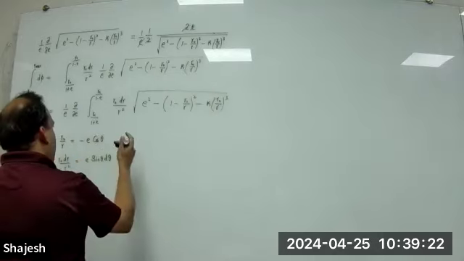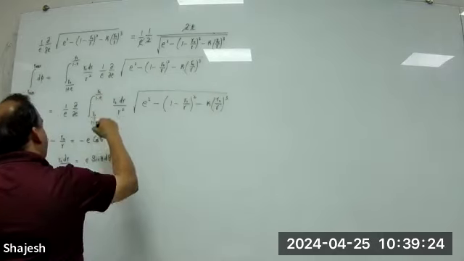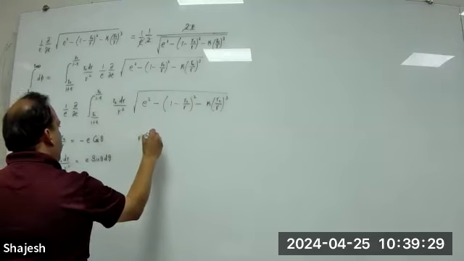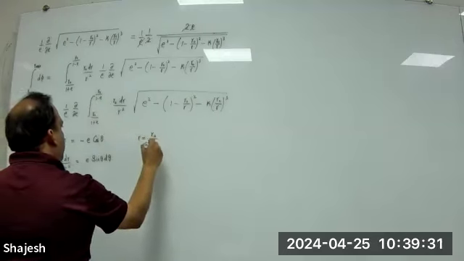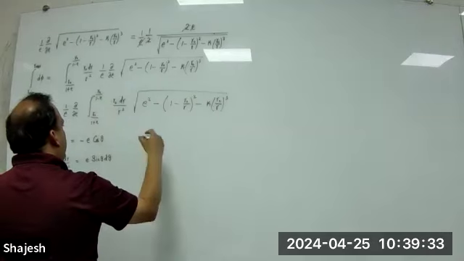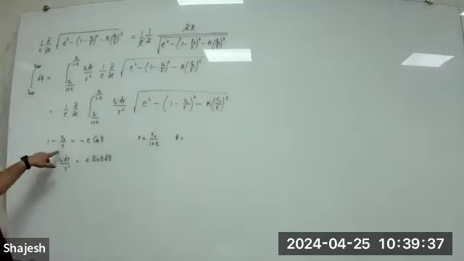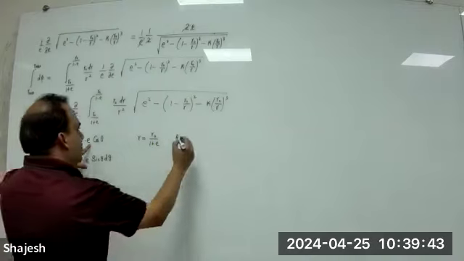And you have to worry about the limits also, right? So the limit is when R is equal to R naught over 1 plus E, then what happens to theta? The 1 cancels out, the minus E cancels out. So theta is equal to 0.